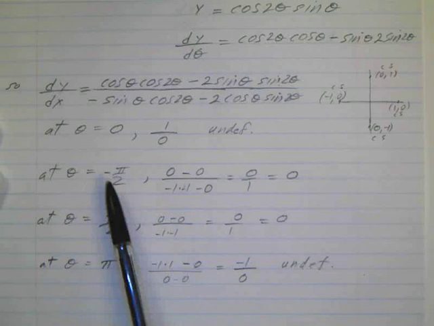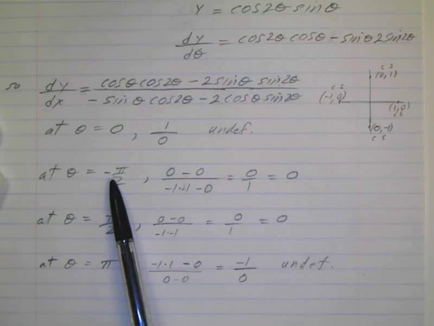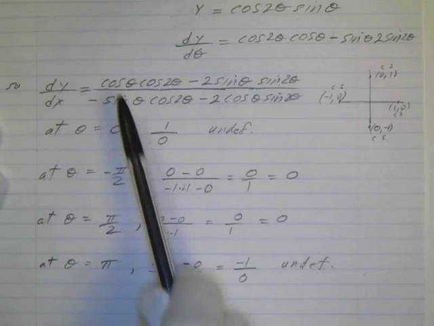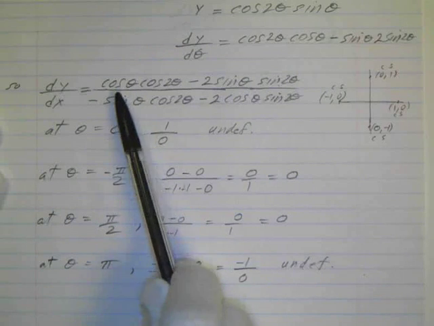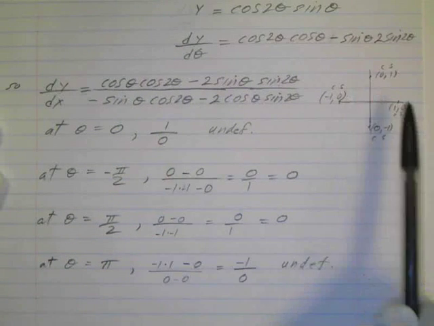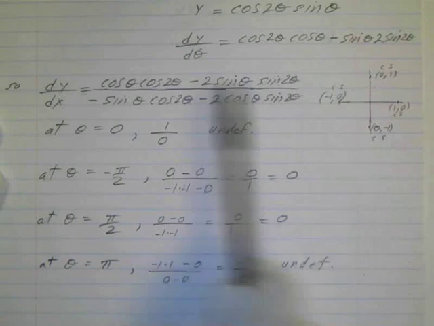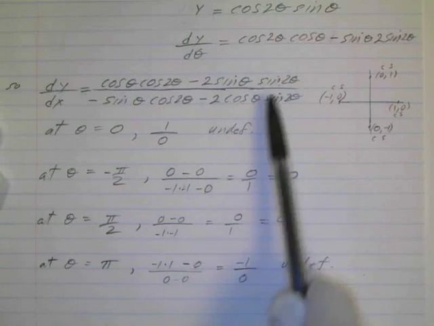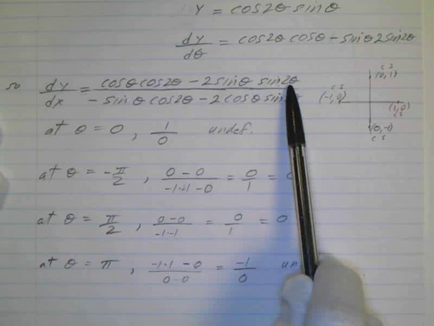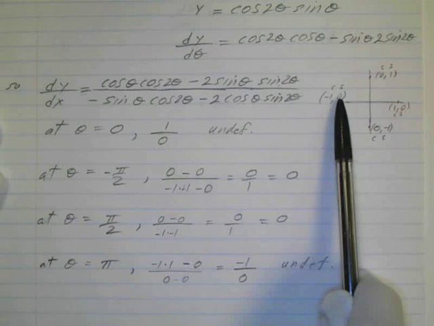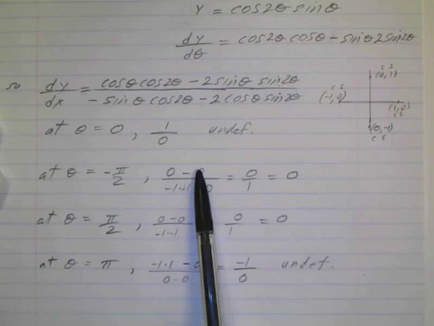I'll go back and check this one over here at negative pi over 2. So the cosine of pi over 2 is 0, so that's going to zero out. And then the sine of 2 times negative pi over 2 is negative pi, and the sine of negative pi is 0, so that zeroes out. So those are my zeros on the top.